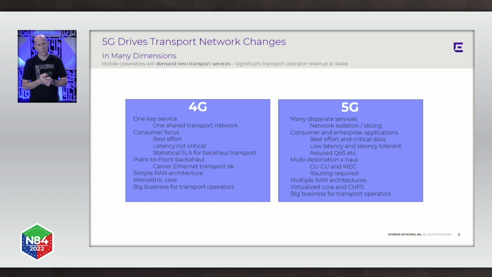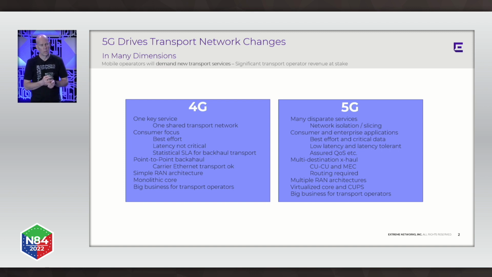Then, hand in hand with network slicing, you have multiple different applications, consumer-based, it could be enterprise-based things. So you start to look at traffic classes. Could be best effort traffic, could be things like enhanced mobile broadband, where bandwidth is the key requirement.